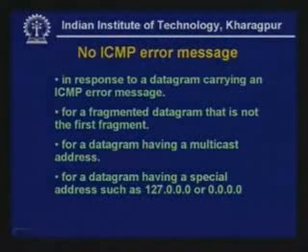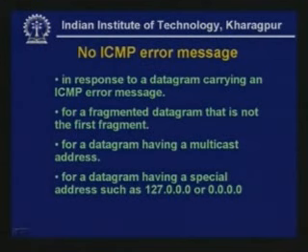Quite a bit of problem happens due to congestion of the network. If the network is very congested, many packets may get dropped, and if in response to dropping any packet you generate more packets, then the congestion is not going to go away. So, ICMP error messages do not trigger other ICMP error messages.